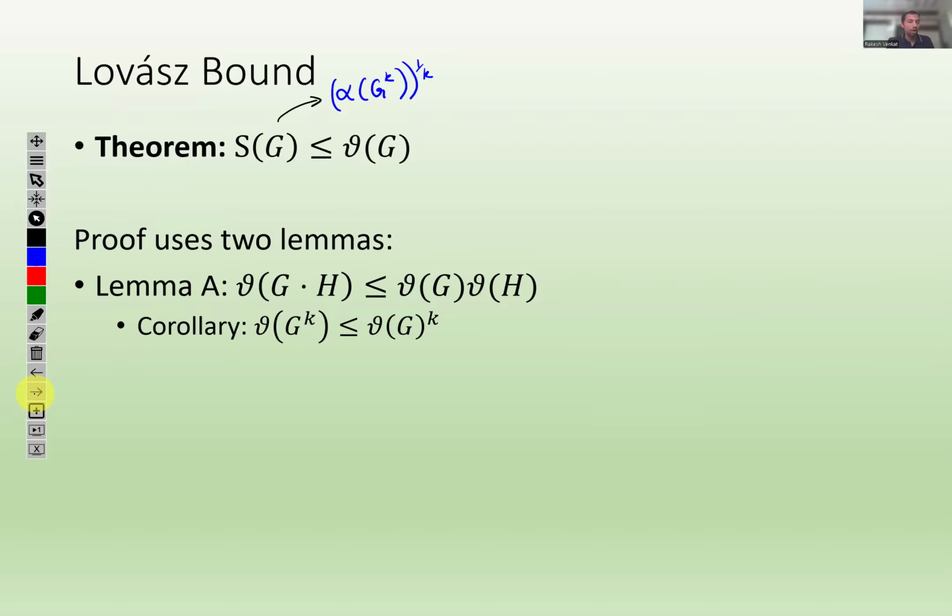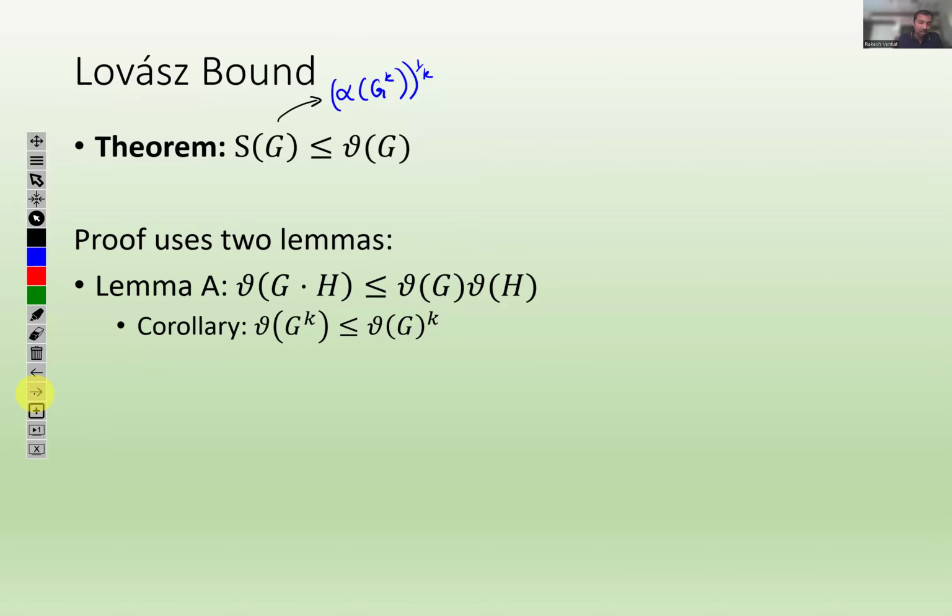I've not defined it formally, but the vertex set of g dot h is the Cartesian product of the vertex set of g and the vertex set of h, and there'll be an edge if each coordinate is similar. We'll define this more formally later, but you do know the quantity g power k. As a corollary, the theta function of g power k is at most the theta function of g whole power k.